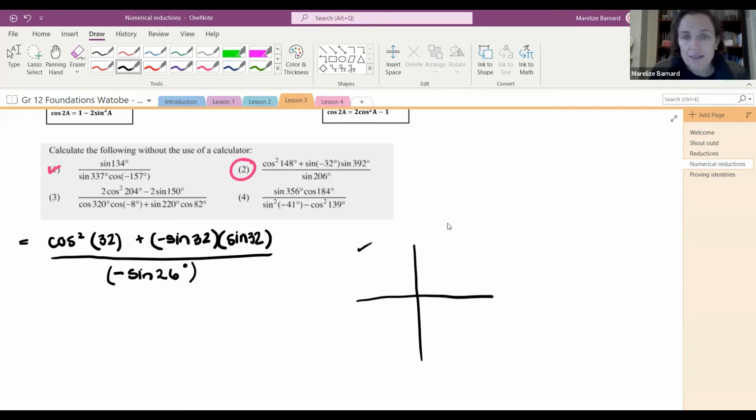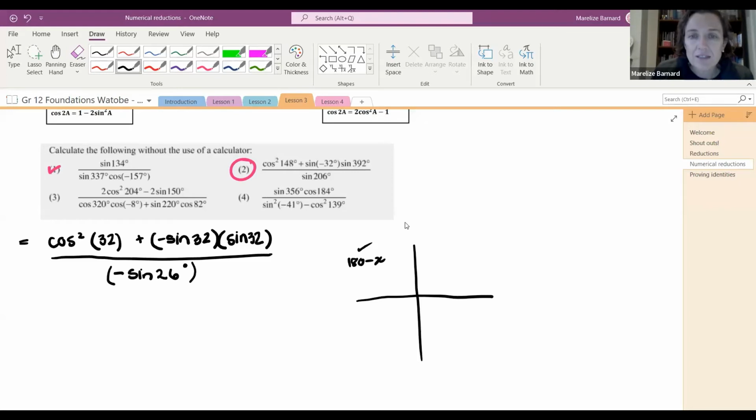What must I subtract from 180? So it's 180 minus x. What must I subtract from 180 to get 148? And that is 32. Now, cos is negative in the second quadrant, but because we are squaring it, it just stays positive. So you can leave it as cos squared 32.